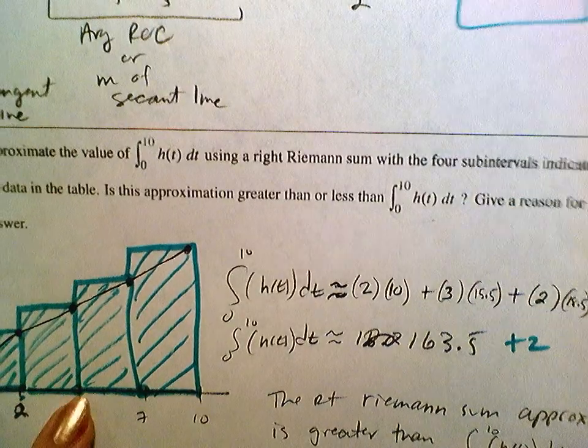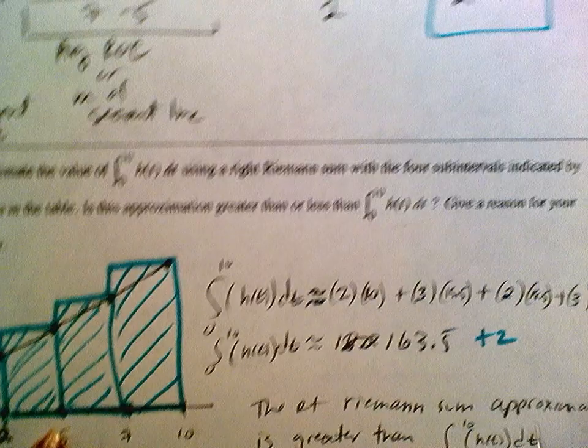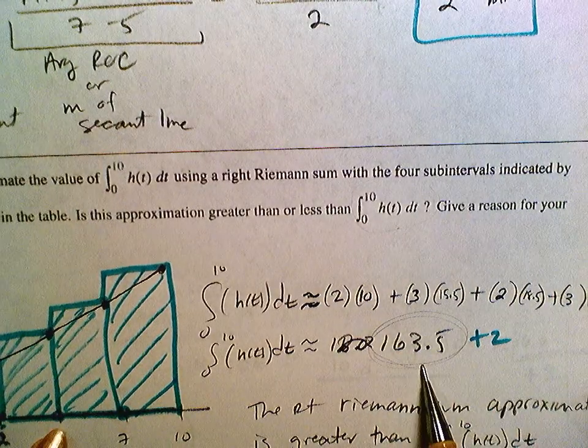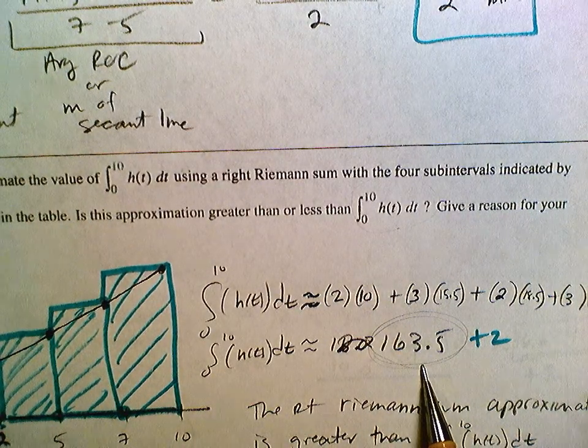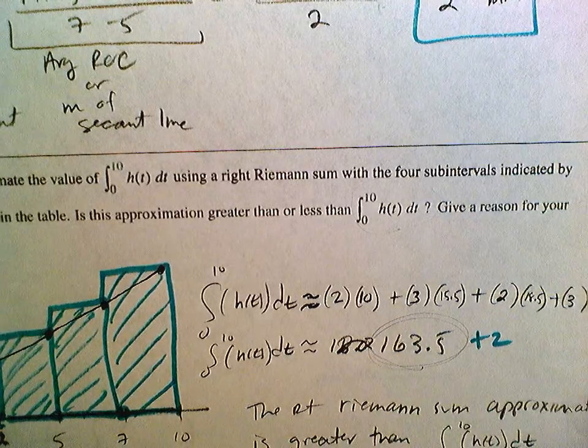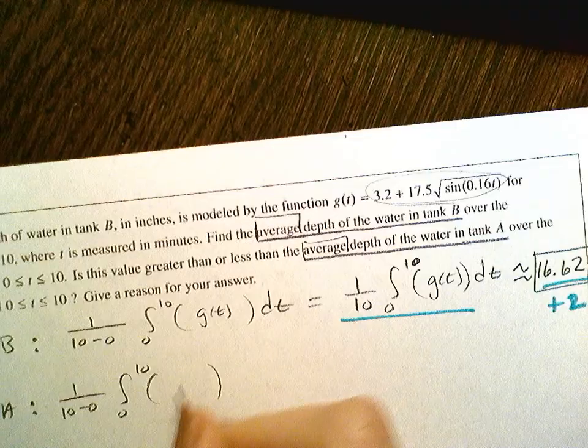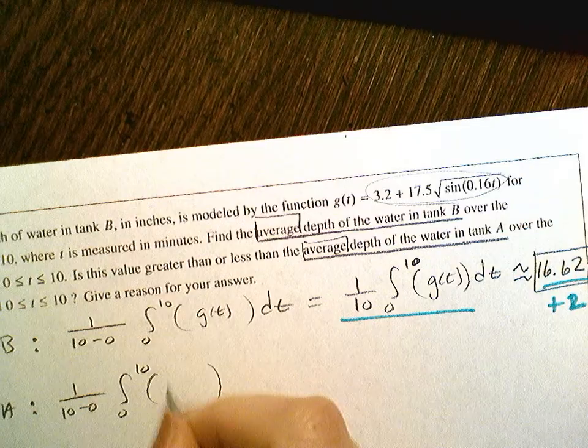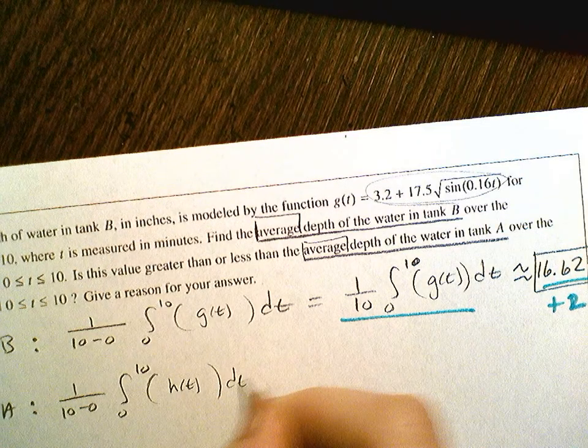But down here, we got an approximation for the area under that curve, which would be the integral of h of t dt.